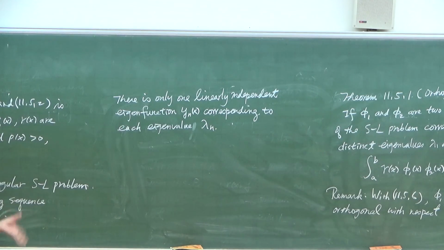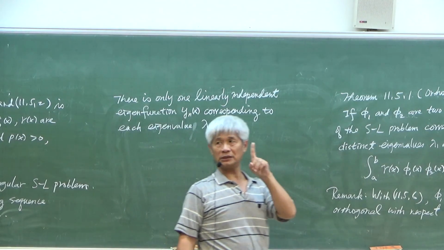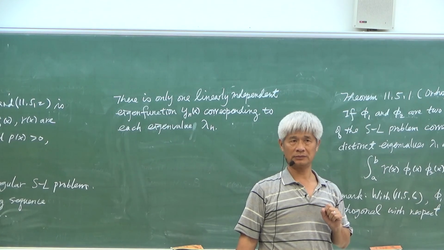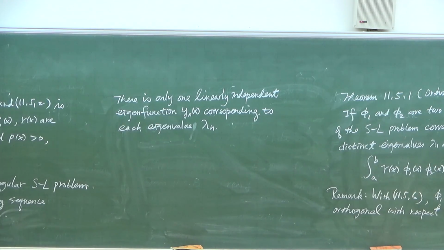Okay, so regular. The two examples we discussed before are regular SL problems. So you can see that the eigenvalues are increasing, going to infinity, right? And each eigenvalue has only one linearly independent eigenfunction. Right? So you can see that this is the situation for eigenfunctions.